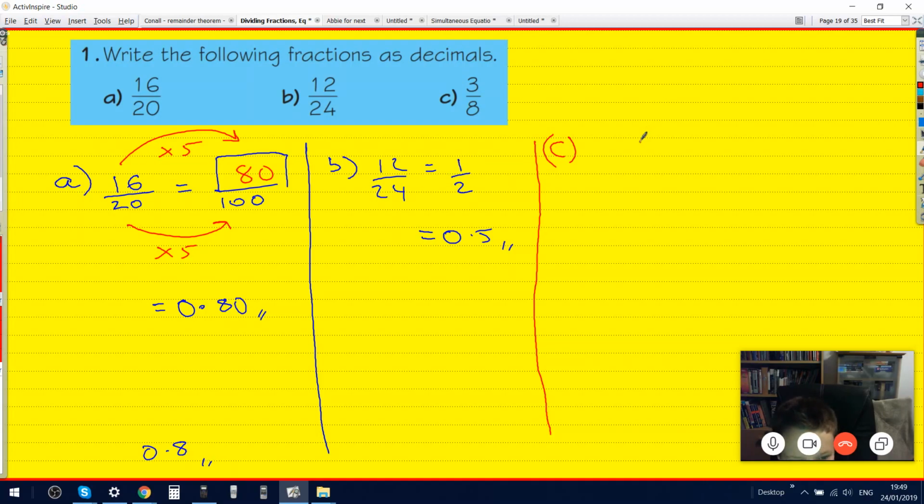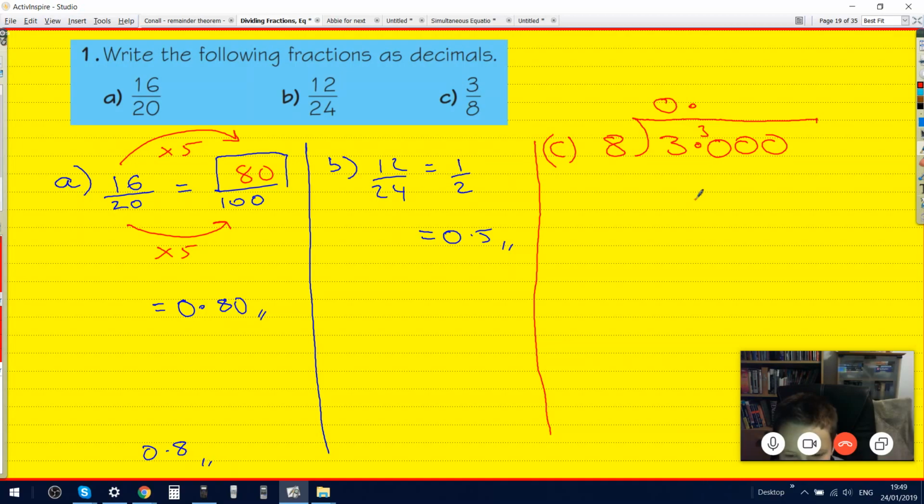So we would do 8 divided by 3.000. How many 8s go into 3? None, with 3 left over.